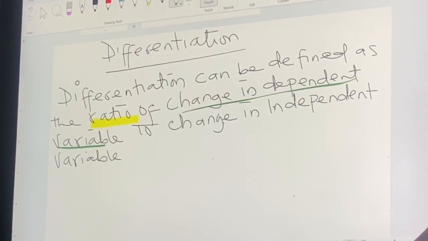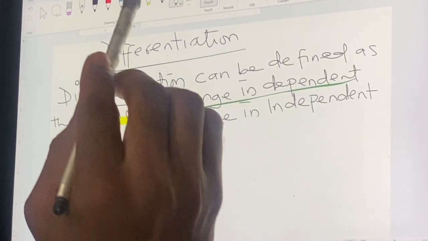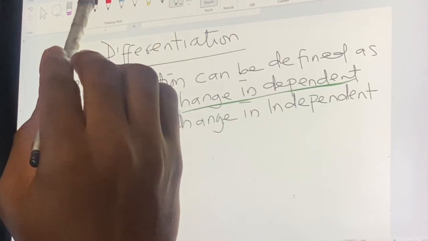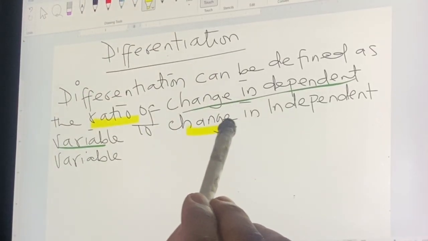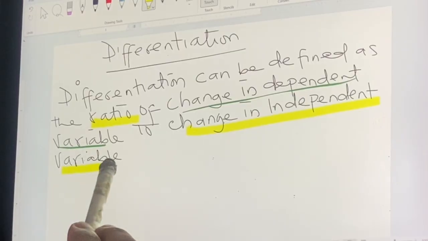The word dependent, we have to look into later to know what a dependent variable, or a dependent letter, is. Now the next statement that is very important to us is change in independent variable.